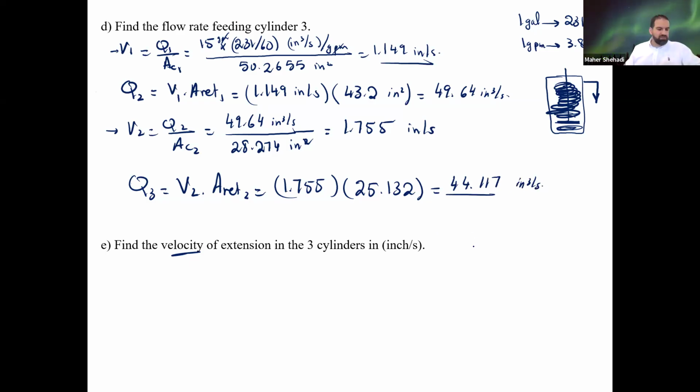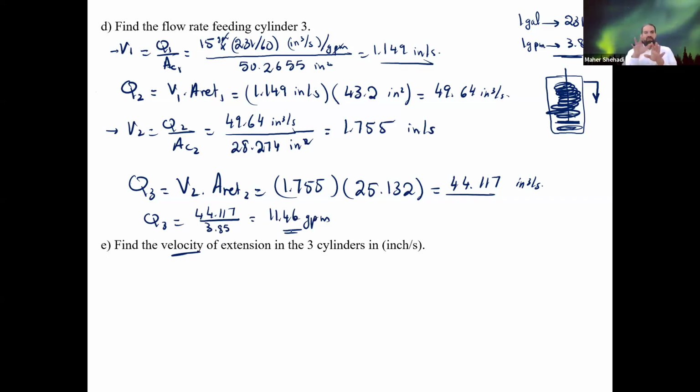If you need it in gallons per minute, just for comparison, I can use this conversion here. So Q3 is 44.117 divided by 3.85. That would be 11.46 gallons per minute.